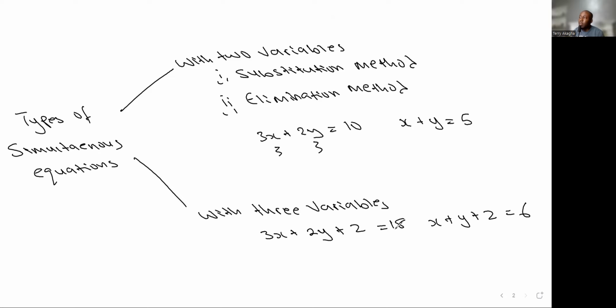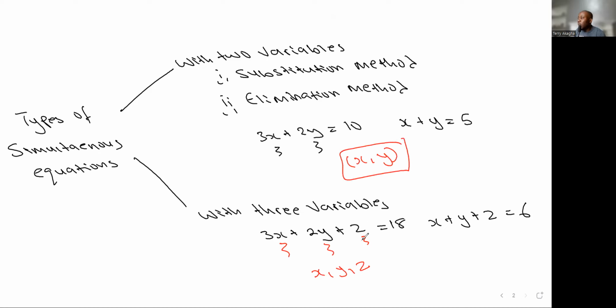I'm just making up random numbers, so it's not actually correct, but it emphasizes that here we have two variables, while in this case we have three variables, x, y, and z.